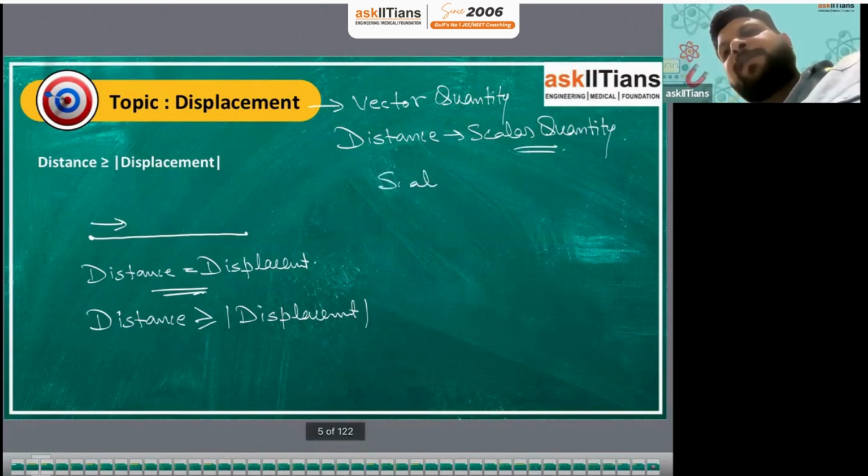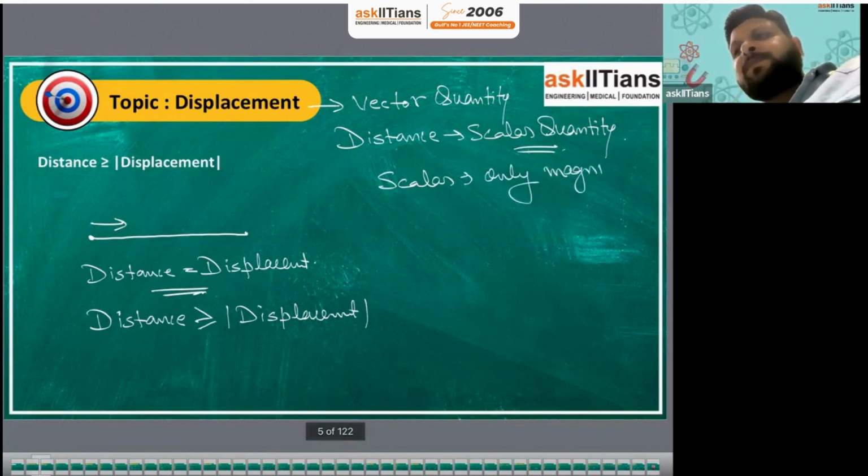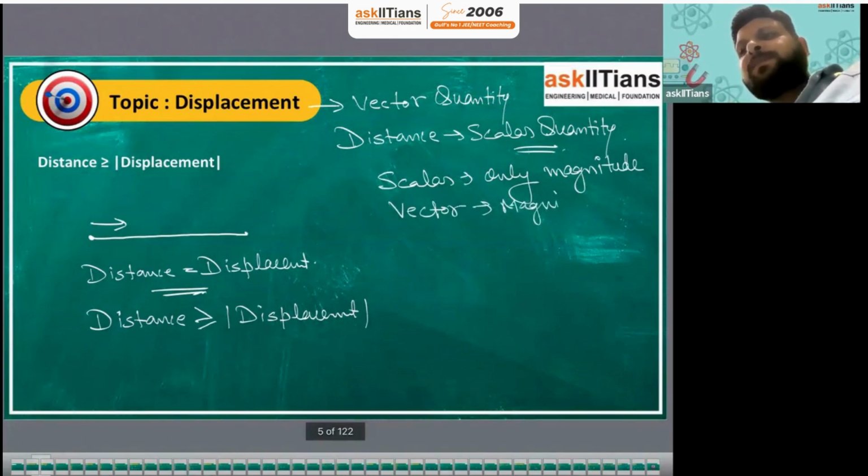A scalar means having only magnitude, and a vector means having magnitude as well as direction. Magnitude means having only a numerical value, and direction actually represents the sign.